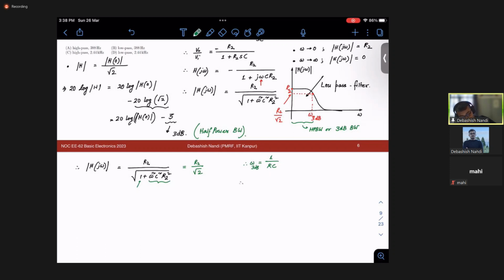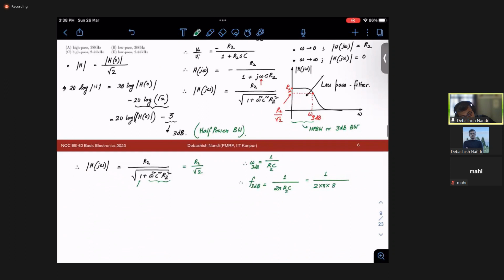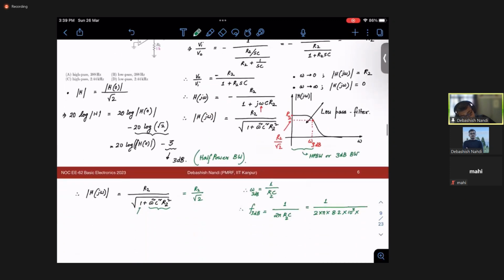So what is your F3 dB? 1 over 2 pi R2C, that is 2 into pi into, what was your R2? Your R2 was 8.2 K, right? 8.2 into 10 raised to 3, and what was your C? 50 nanofarad.